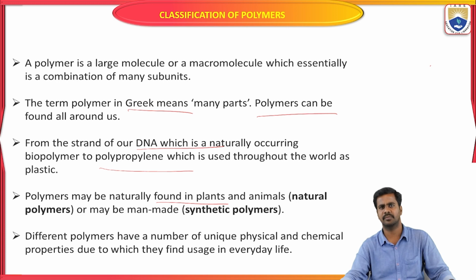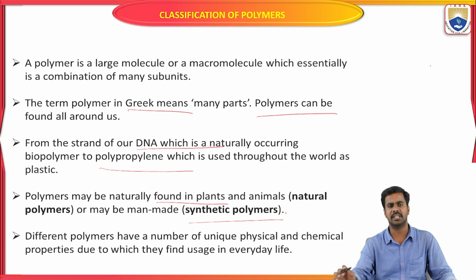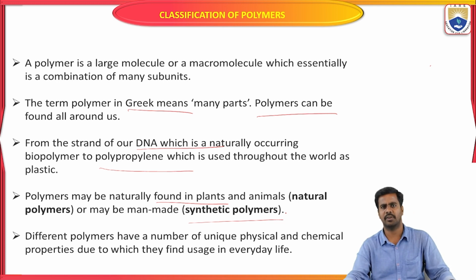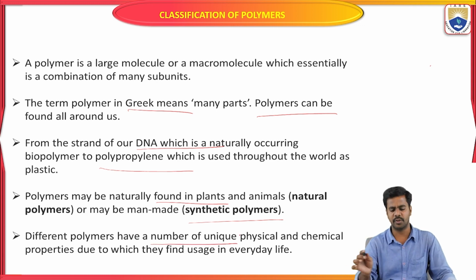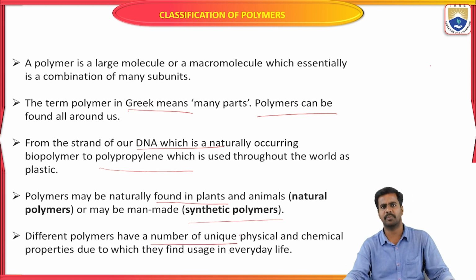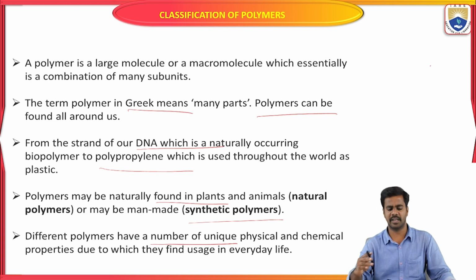So natural polymers are those which are obtained naturally, whereas synthetic polymers are nothing but man-made polymers. Different polymers have a number of unique physical and chemical properties due to which they find usage in everyday life.